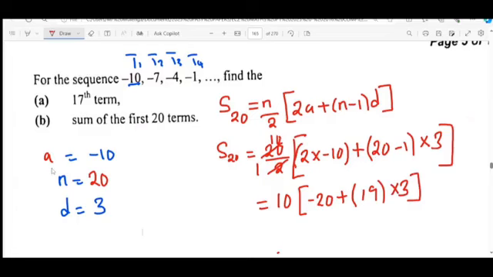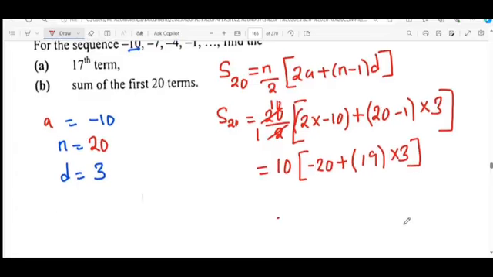I do hope that you are following. Now from there, we just need to open the bracket where we have 19 by multiplying with 3. So we are going to have 10, open square bracket, negative 20 plus 19 times 3. This will be 19 times 3.